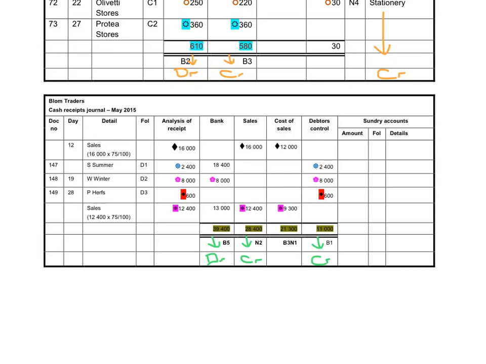The amount in the cost of sales account is not entered in another column, so therefore you will post it to two accounts. One account on the debit side, you will debit cost of sales to indicate that the expense will increase, and you will credit your inventory account to indicate that you have less inventory.